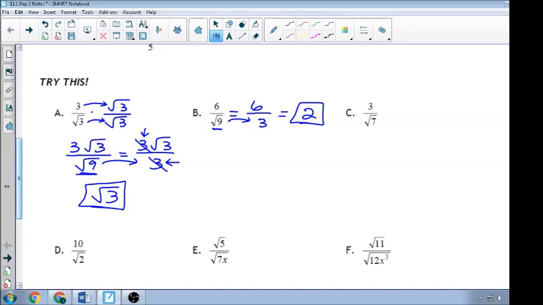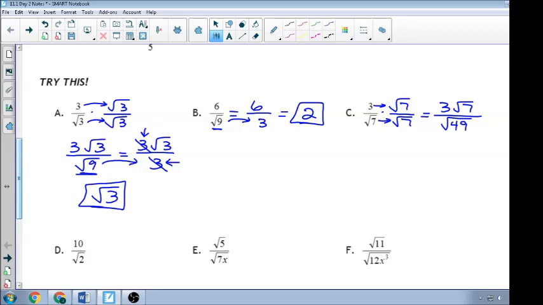Okay? On to C. I cannot do anything with the square root of 7, so at this point I do have to multiply by the square root of 7 over the square root of 7. Well, 3 times the square root of 7 gets me 3 root 7. Square root of 7 times the square root of 7 would get me the square root of 49. Now I need to go ahead and finish this problem off.